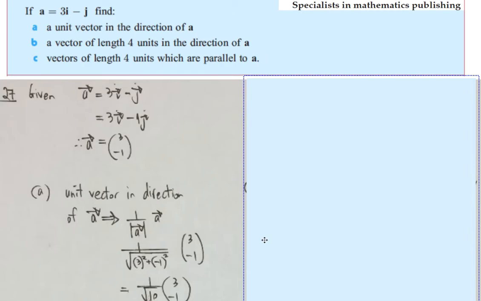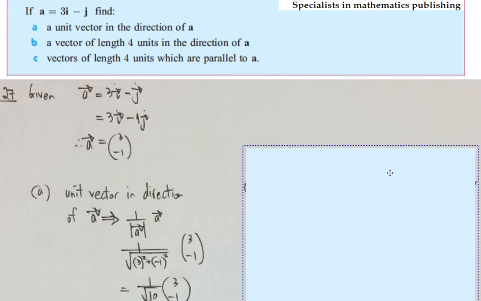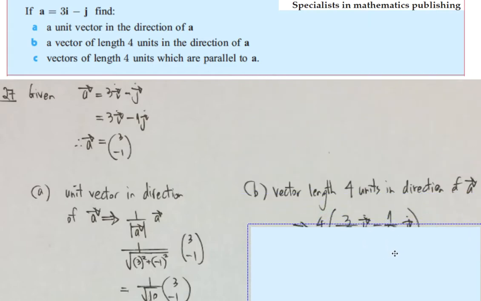Part B asks, find a vector of length 4 units in the same direction as a. Well, we have a unit vector found in part A, in other words, one that has length 1 unit. So if we want another vector that is 4 units, that's 4 times the length of the prior vector.